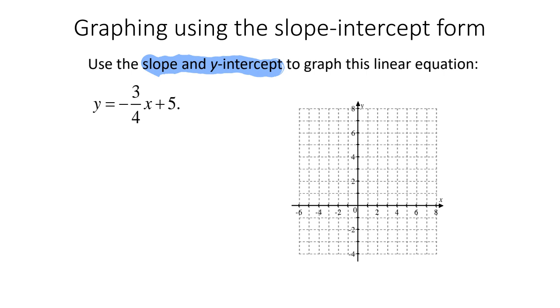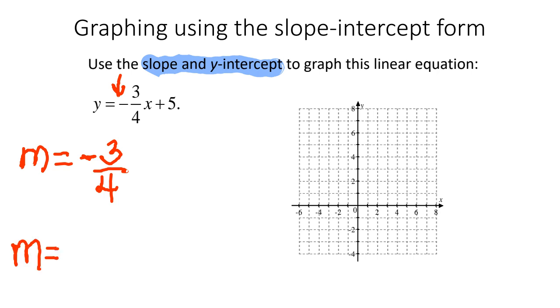Well, first off, my slope, now, do you see this negative? It is going to be -3 over 4, and it's going to be a +3 over -4.